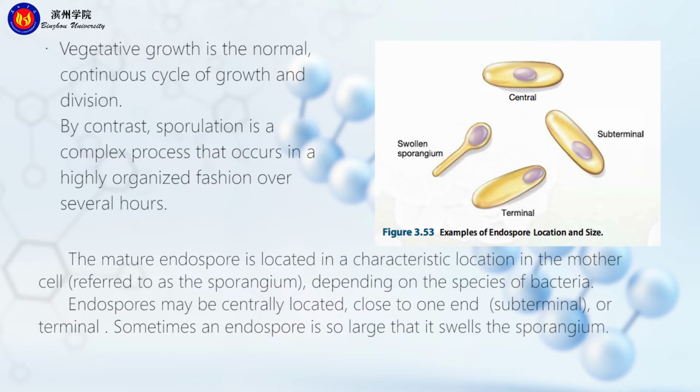Depending on the species of bacteria, endospores may be centrally located, close to one end. We also call it subterminal or terminal. Sometimes an endospore is so large that it swallows the sporangium. We call it swollen sporangium.